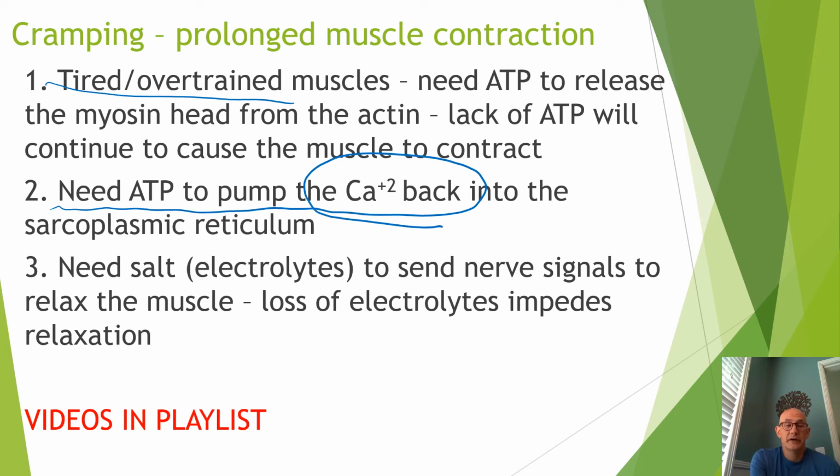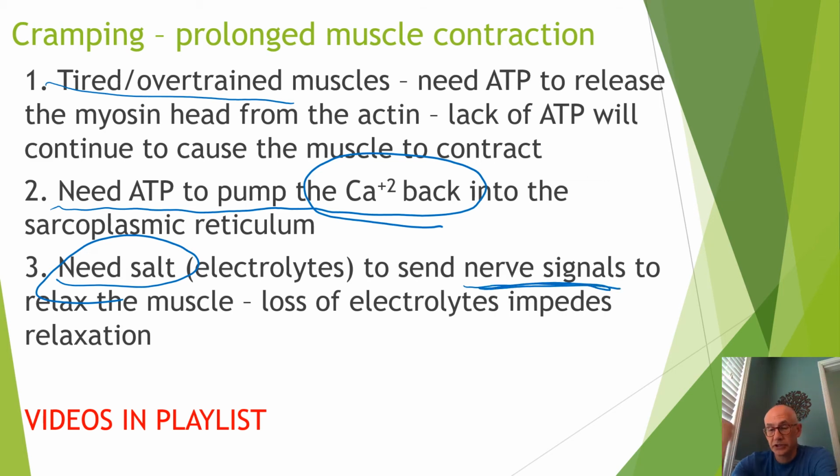And you also need salt, or electrolytes. So Powerade, Gatorade, whatever it is, says electrolytes to replenish whatever. That's just salt. Powerade, Gatorade, that is Kool-Aid with salt in it. You need that salt in order to properly run your nervous system.